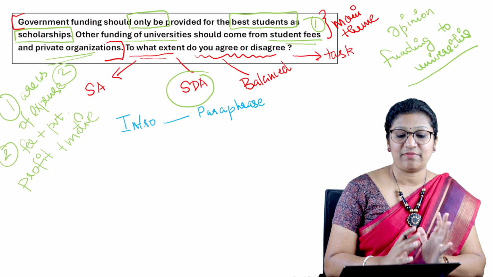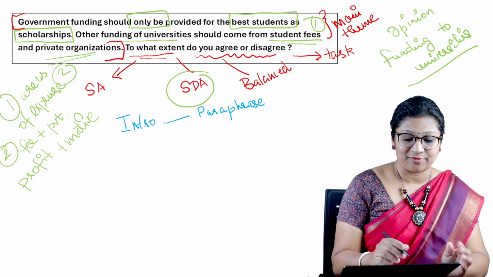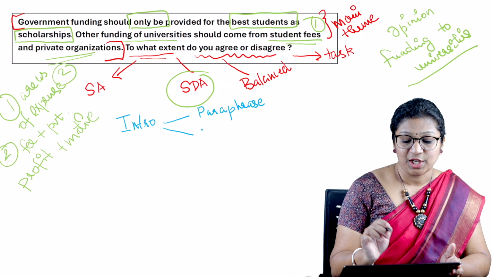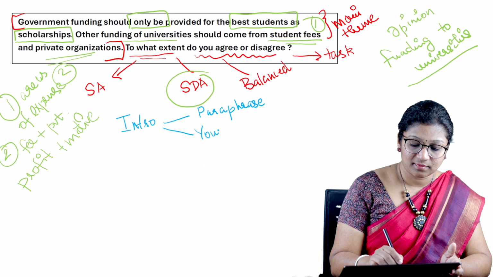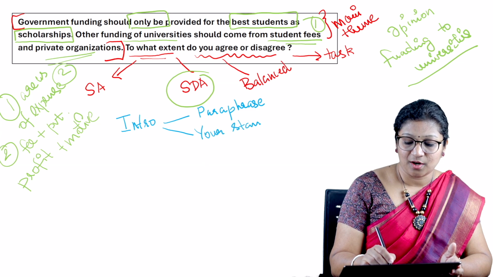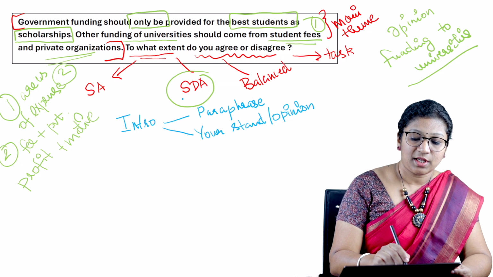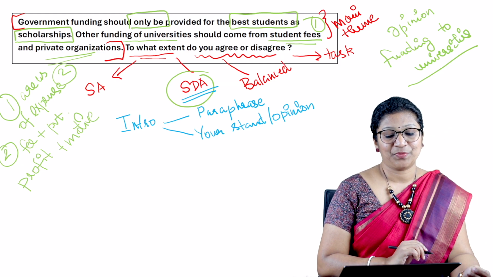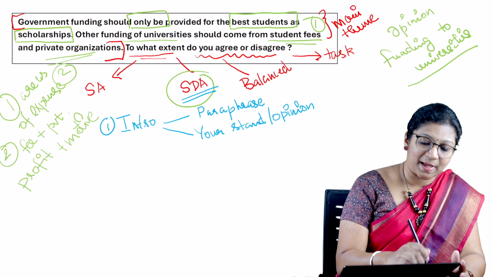So if it is giving a particular opinion, the same opinion should be retained while paraphrasing. And in the introduction, you also mention your stand. Your stand or your opinion should be mentioned. So in this example of ours, we're thinking of a strongly disagree essay. So that is what I will include in the introduction. So this is my first paragraph.